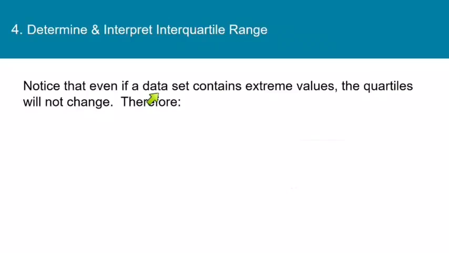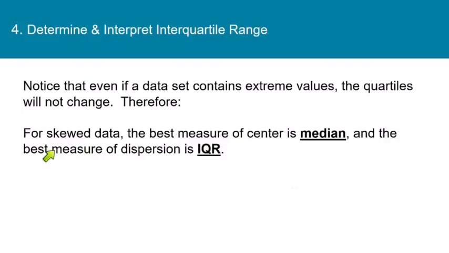Notice that even if a data set contains extreme values, the quartiles won't change. Therefore, for skewed data, the best measure of center is median, as we said in section 3.1, and the best measure of dispersion is IQR. Both of these are resistant, so they are better to use with skewed data.